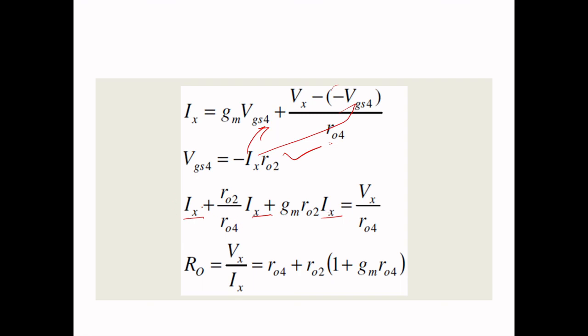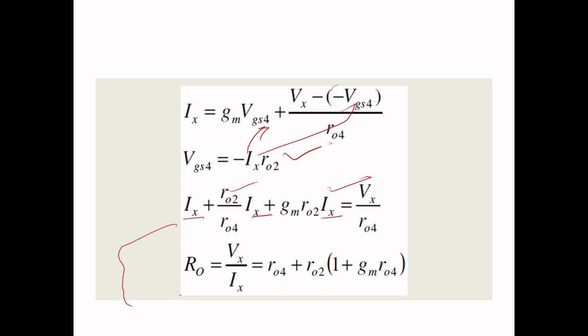Then I am bringing this Ix down and bringing this r04 to this side, so r04 will come here, plus r04, r04 cancel, so r02 plus gm r02 r04 you will get. From here, r02 cancels, right? So in this step I will put.